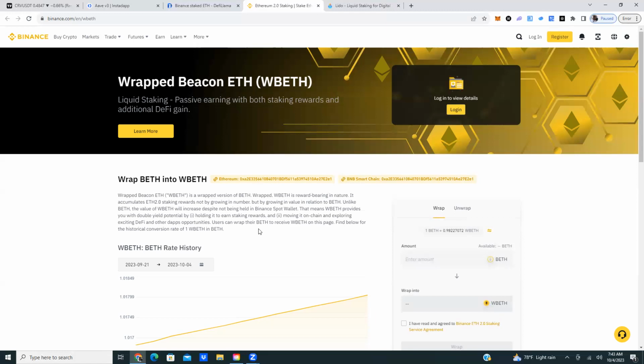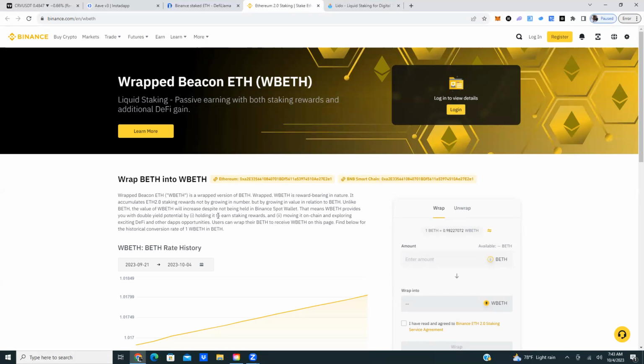It accumulates ETH 2.0 staking rewards not by growing in number, but by growing in value in relation to BETH. Unlike BETH, the value of wrapped BETH will increase despite not being held in Binance Spot Wallet.